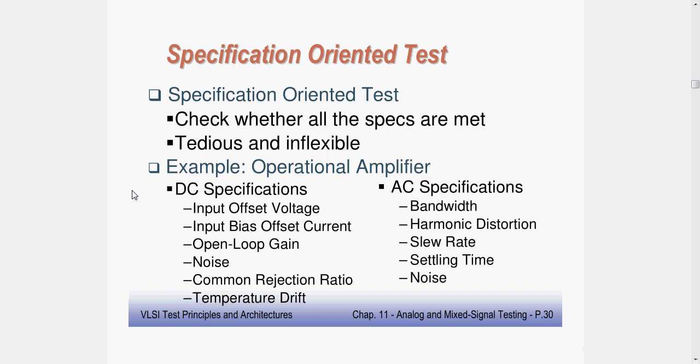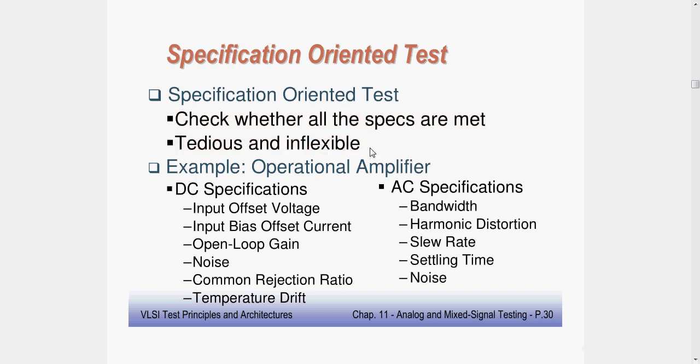Here, what are the details that we can get from a spec oriented test? First, we can check whether all the specifications are being met by that particular circuit, and then this process is tedious and inflexible.